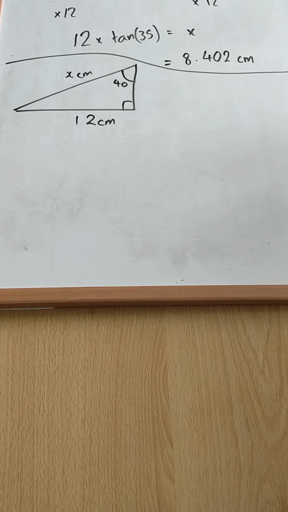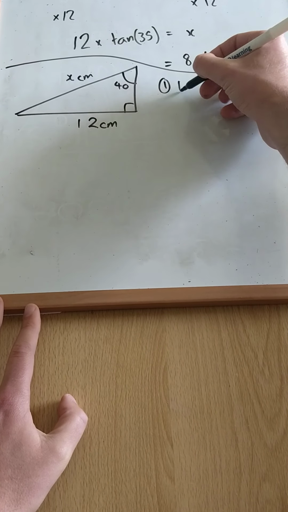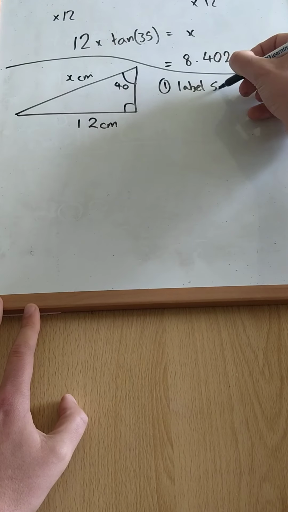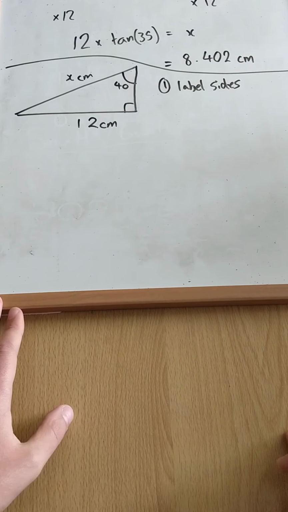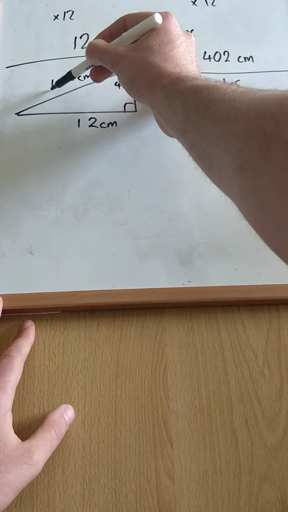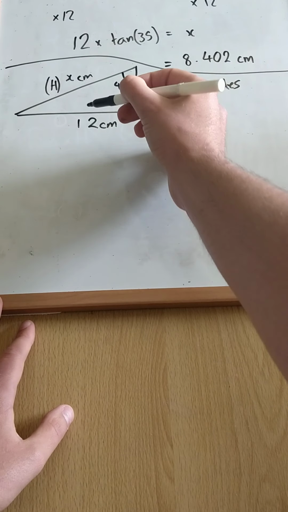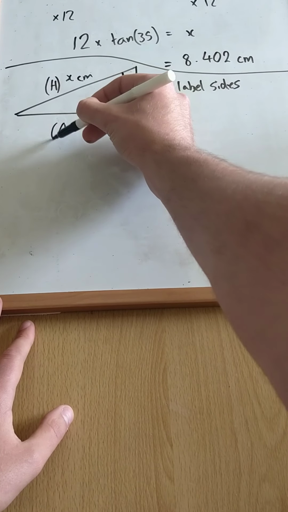Again, the first thing I would always do is label the sides. So step number 1, label the sides. This one is always the hypotenuse. This one is opposite the angle.